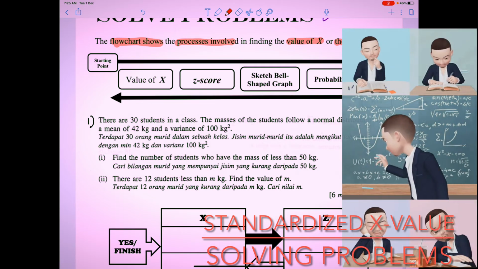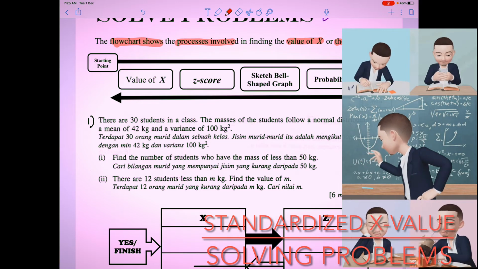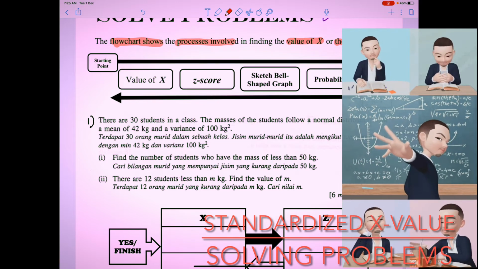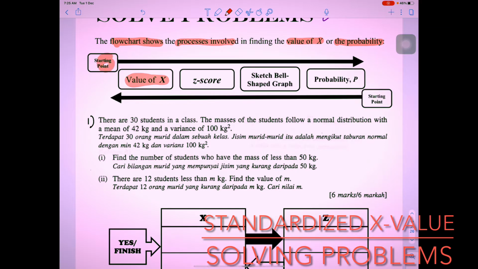If the question gives you the x value, we start from the x value, find the given info, then find the z score, then sketch the bell-shaped graph, and last but not least, find the probability.